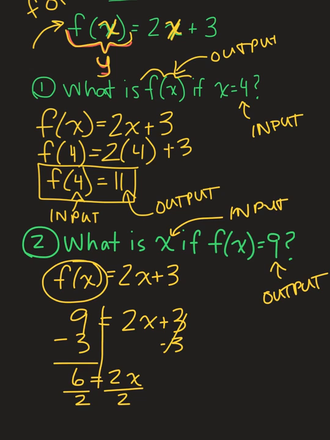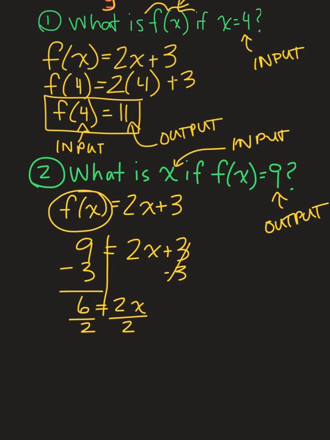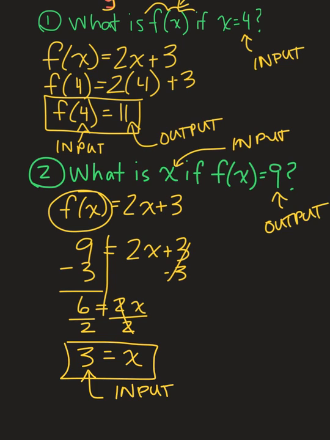My last step is to divide. And I find out that when I put in 3, I get an output of 9. So what I've solved for was my input. And if I wanted to write it as I did number 1, it would be f of 3 equals 9.